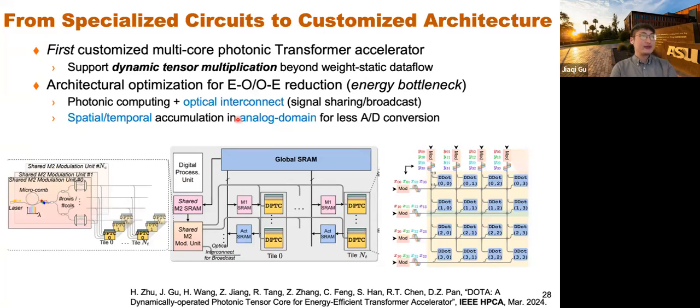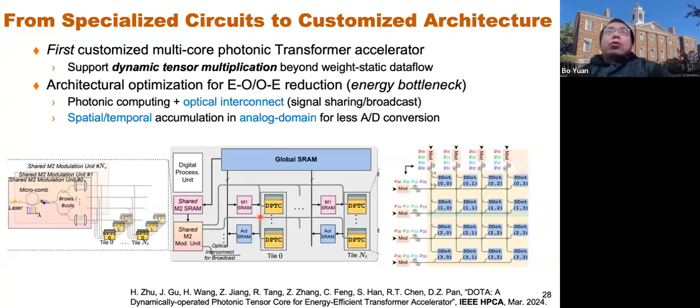Right, so the array definitely is much smaller. For example, for this DPTC, we probably have two tiles. Each tile has 4 cores, and each core is 12 by 12 or 8 by 8. And it's a matrix multiplication, so basically it's a 12 by 8 times 8 by 12. It's not a square matrix unit.